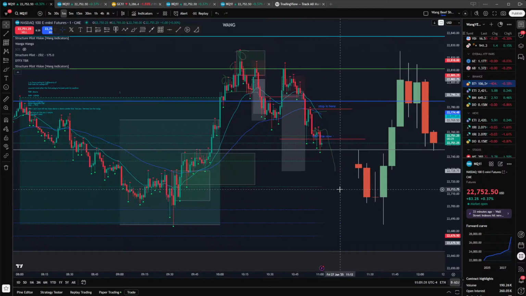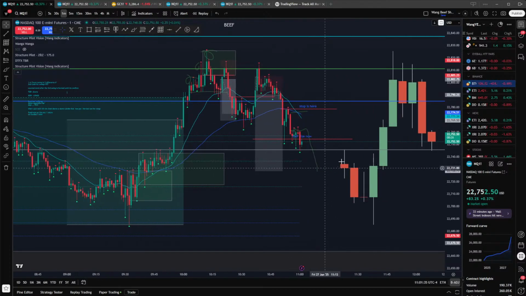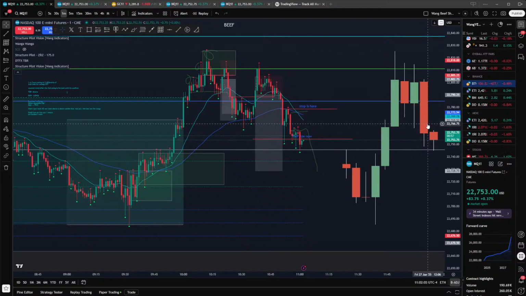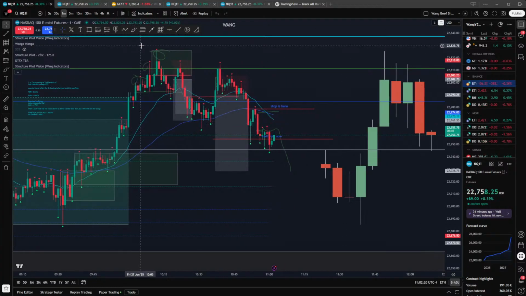Yeah, beautiful trade. This is its structure.